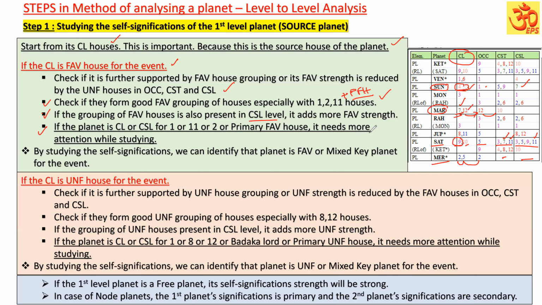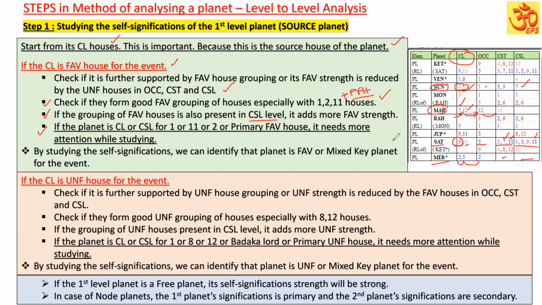It needs more attention, because if that planet has favorable grouping from left to right, it becomes stronger, because it is owner of the favorable houses. And also when we do the level to level study, the next level planet that experiences the star lord and sublord significations becomes very strong.